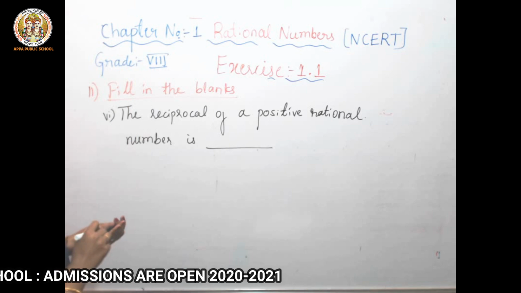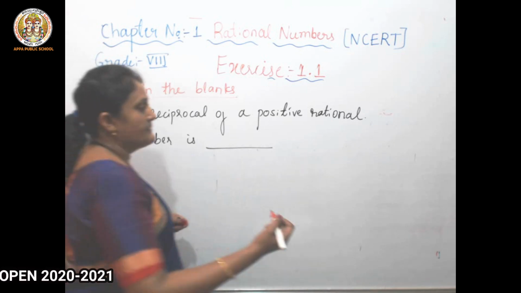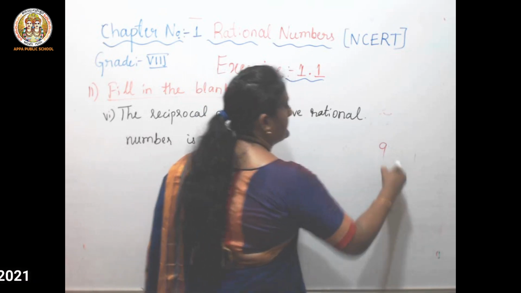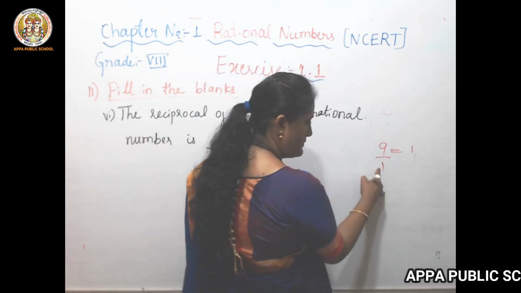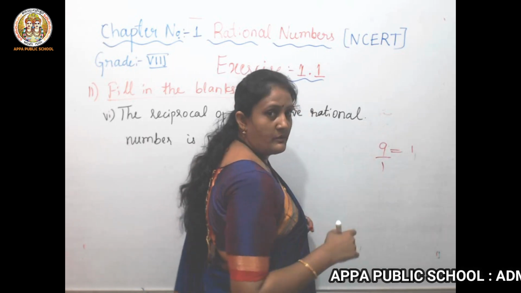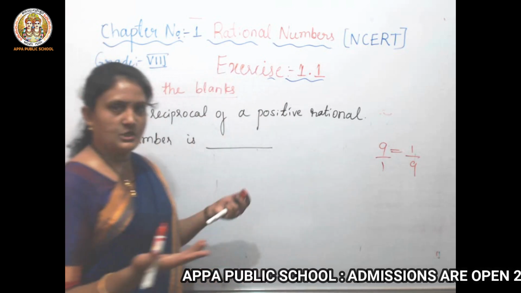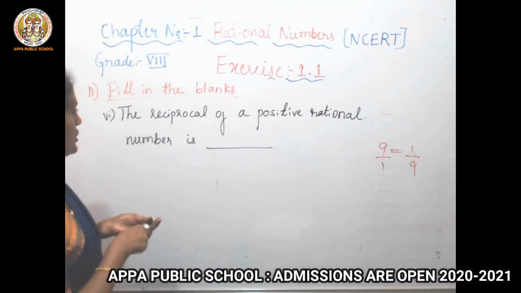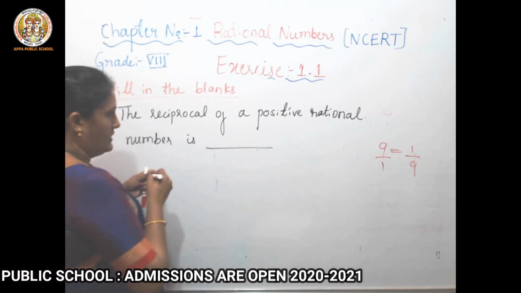What's the question? The reciprocal of a positive rational number is dash. The reciprocal of 9, what is it? Nothing else means 1. So the denominator will become the numerator and the numerator will become the denominator. So 1 by 9. Positive always will get the positive only. So the reciprocal of a positive rational number is positive only.